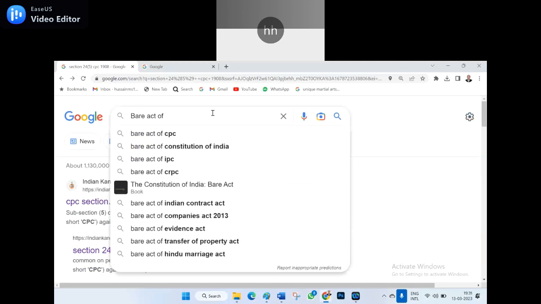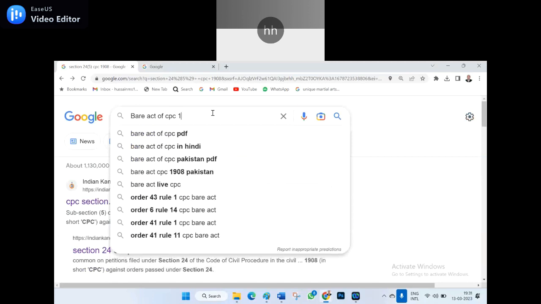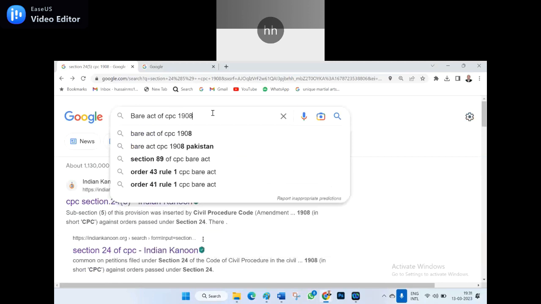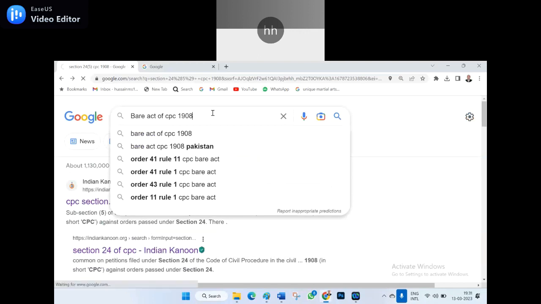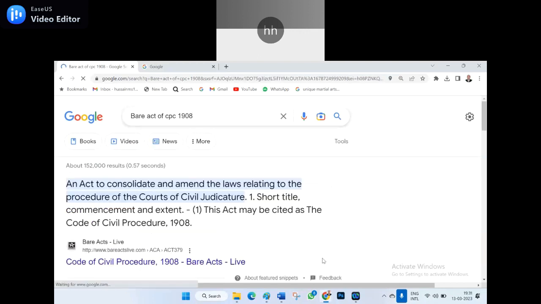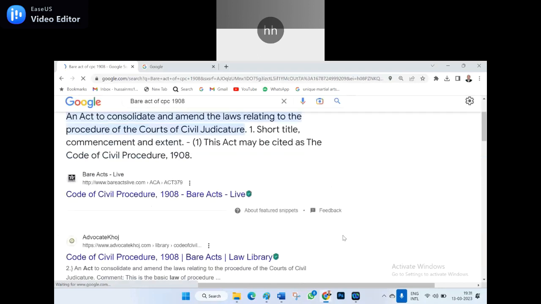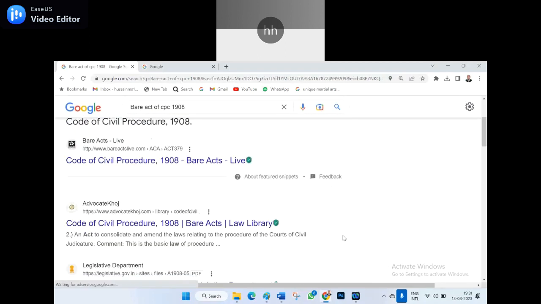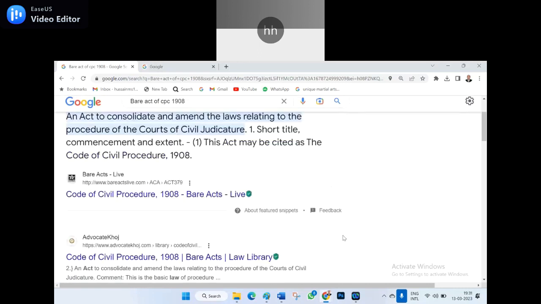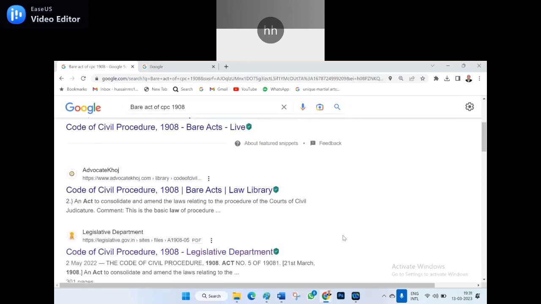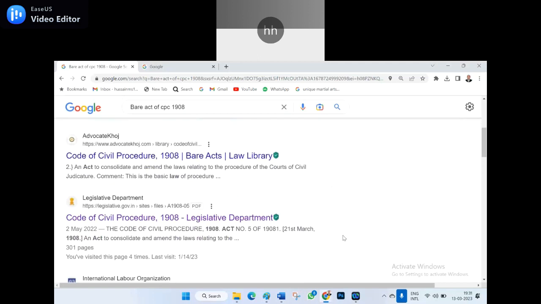Bare Act of CPC 1908. Yes, this is the Bare Act, but we want the PDF. Is it the PDF? No, it is not the PDF. Yes, this is the PDF form. Right.